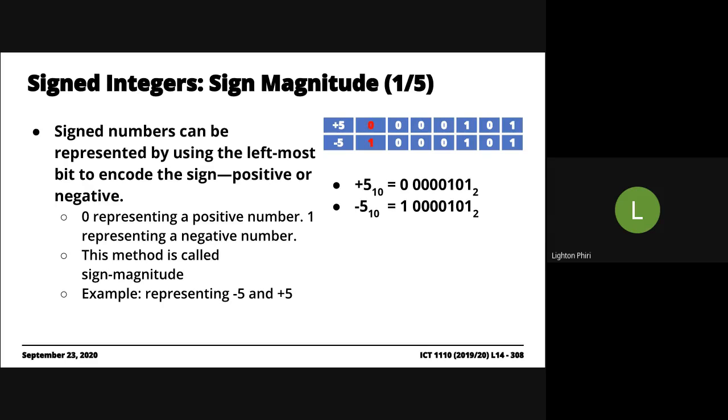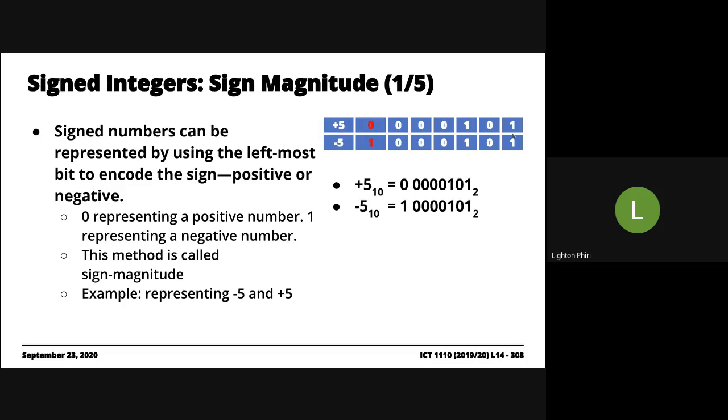So if you're representing a binary number using sign magnitude, when the leftmost bit is a 0, then you know that number is a positive number. If the leftmost bit, or the most significant bit as they call it, is a 1, then you know that number is supposed to be a negative number. So notice this slide here: to represent -5, we would represent it like so, where this value here signals the fact that the number we are representing is a negative number.